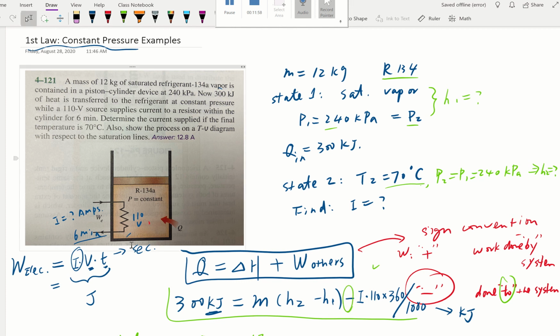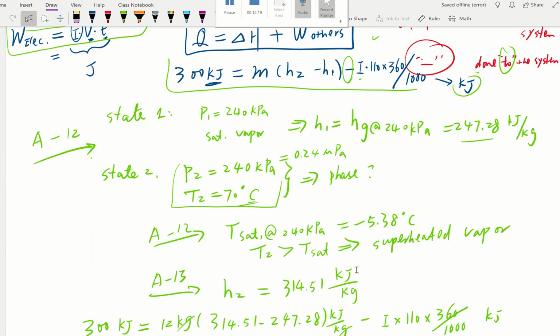And in order to find this current, another little sidetrack is electrical work is IVT, and be aware that gives us a unit of joule. So you have to change to kilojoule here. To solve this problem, we just need to find H1 and H2. That's where we are starting for this problem.